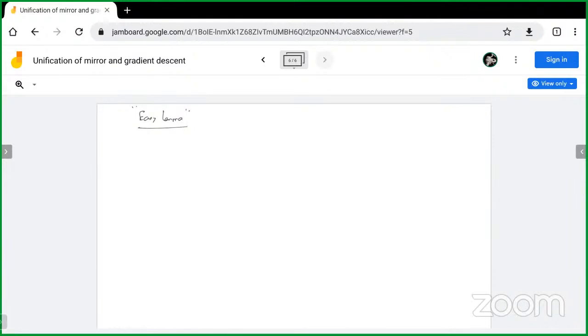So eta times the gradient of f at xk plus 1, dotted with zk minus u. You use any point, think of the optimal point.